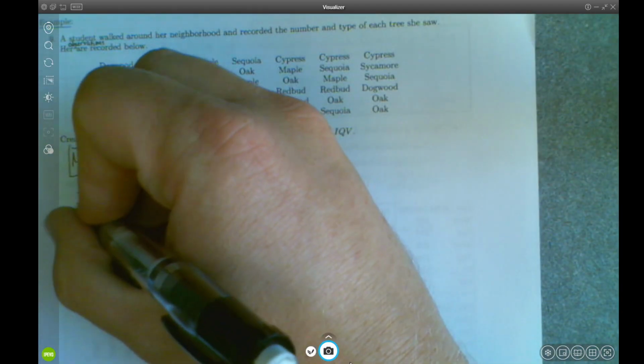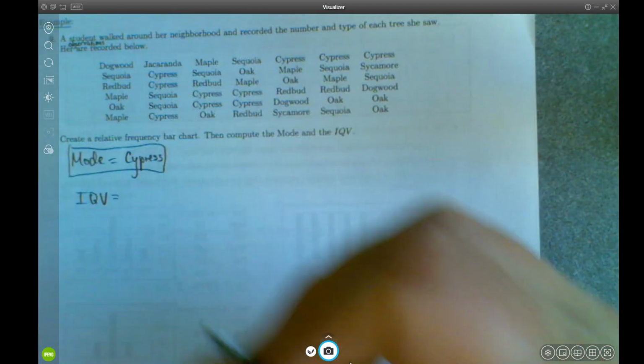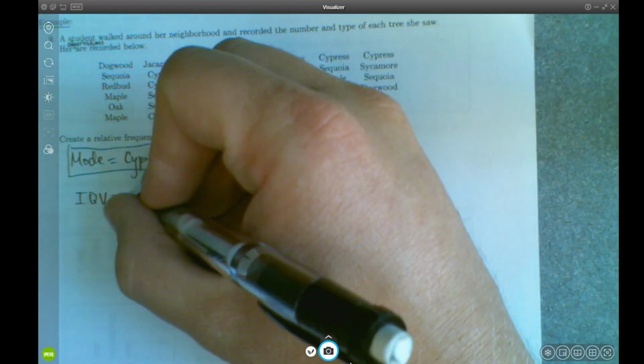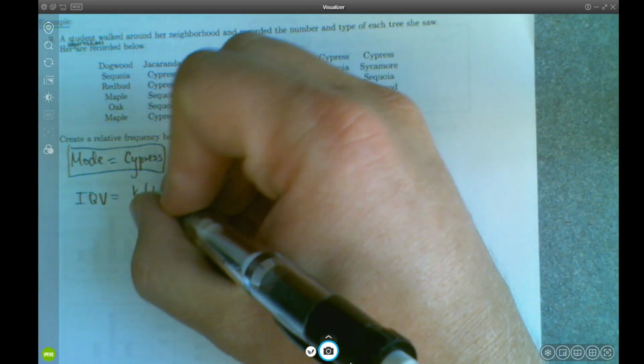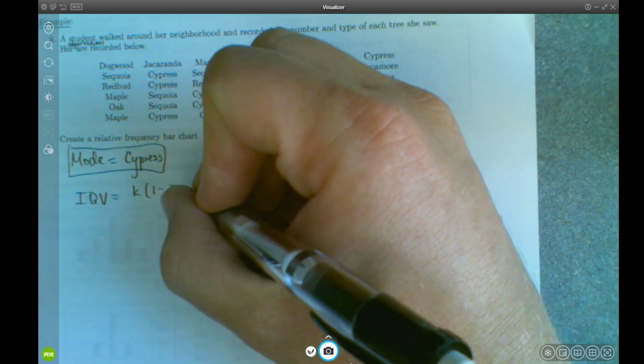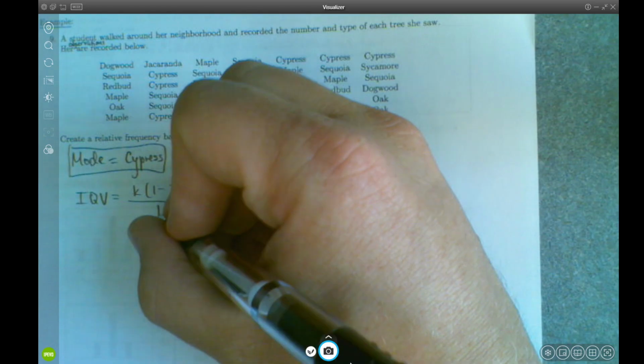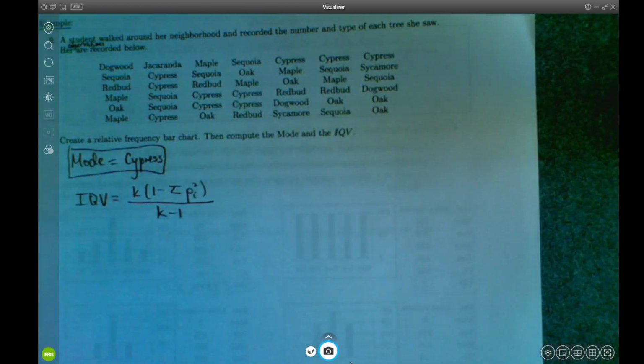And the IQV is k times 1 minus the sum of our squared proportions, divided by k minus 1.